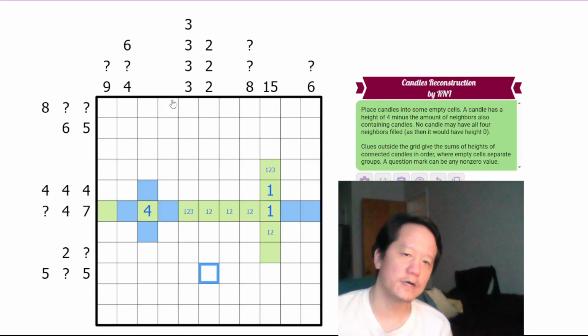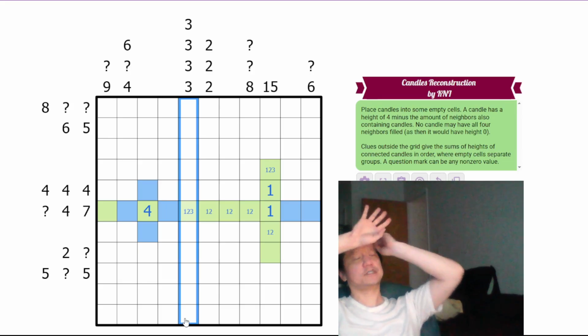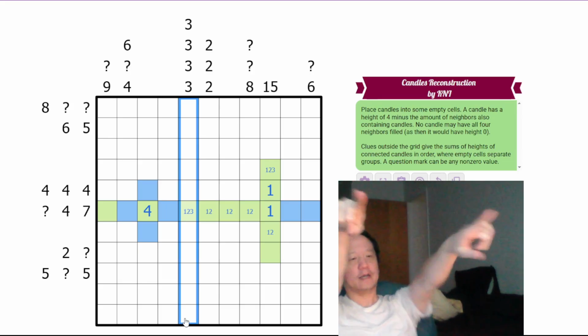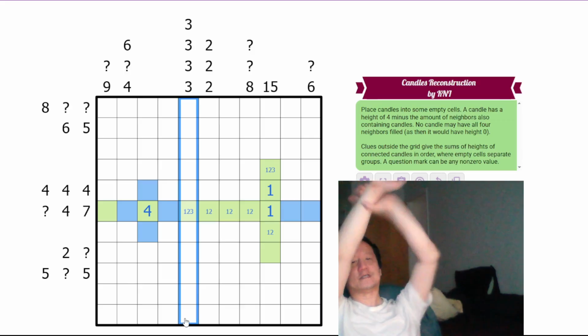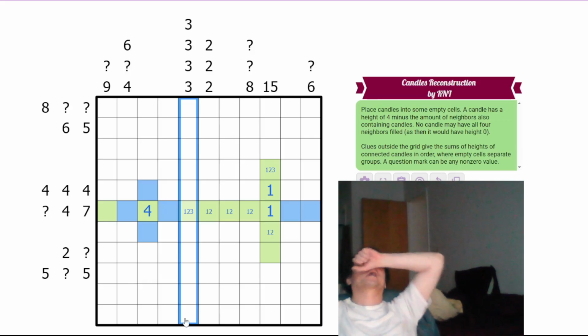So in column 5, we have 4 spaces to work with. We are guaranteed 3 empty spaces in between the sets of 3s, which could be 3, 3, 3, 3.